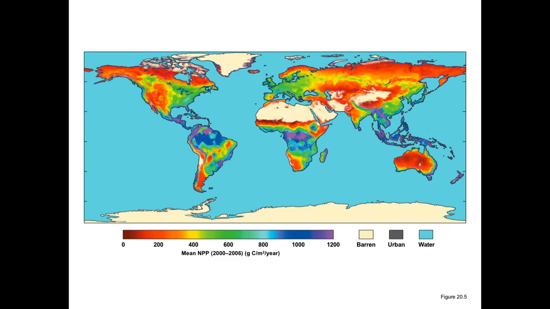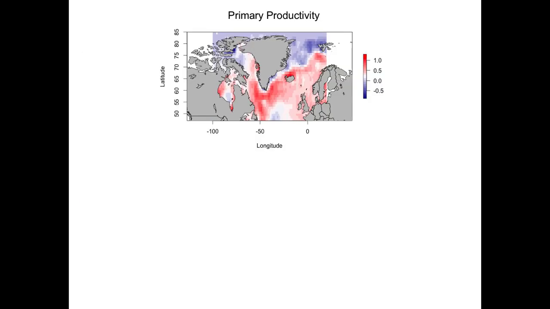We get a very similar distribution. As we move further north, either to higher latitudes or higher altitudes in some mountainous regions, we see that the productivity decreases. We've lost temperature, we've lost rainfall.